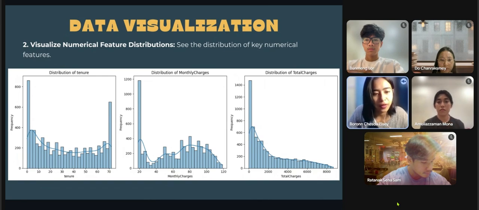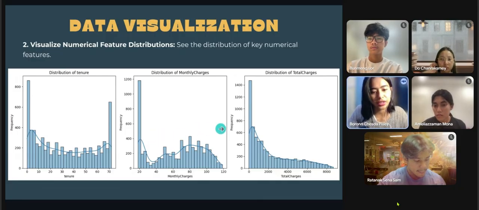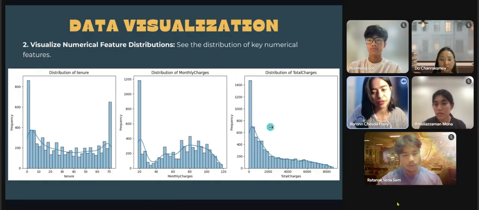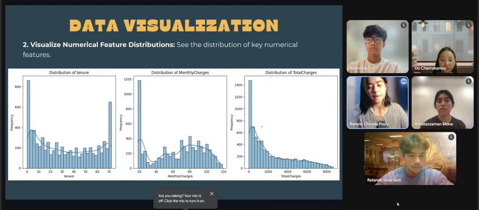The second graph, the monthly charges distribution, is more spread out but still shows a peak at lower values, indicating that many customers pay a relatively low monthly fee, though some pay significantly more. Finally, the total charges distribution is right skewed, with many customers having low total charges, which aligns with the high number of short tenure customers.